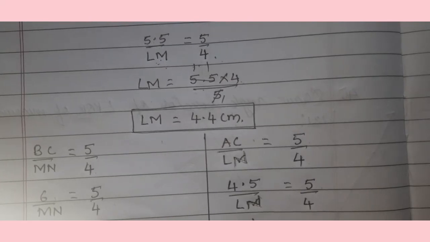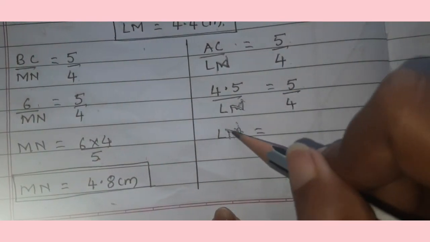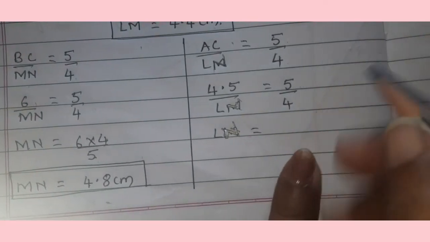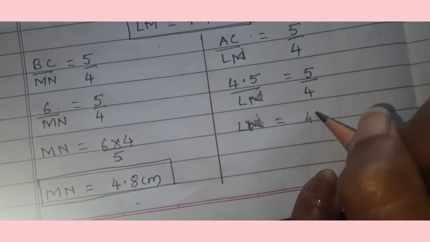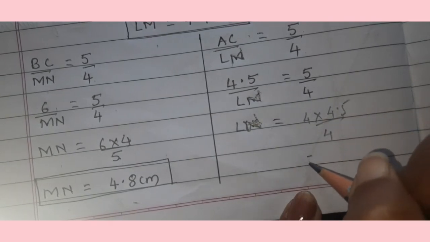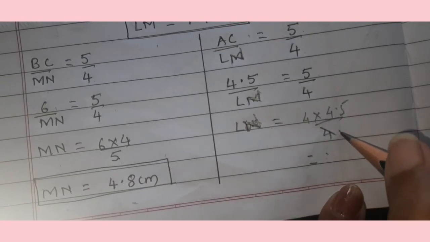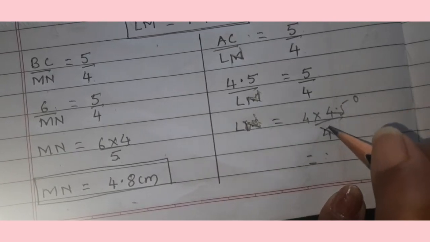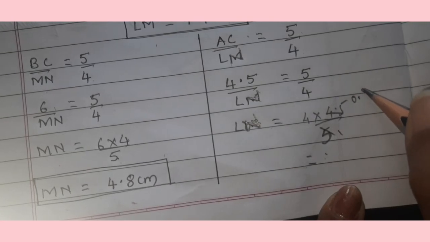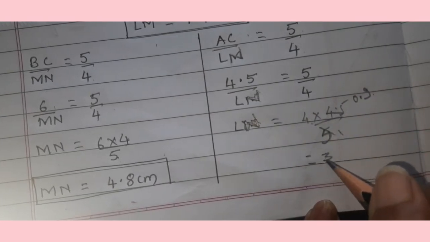So LN will be equal to 4 into 4.5 upon 5, that is equal to 3.6. So 4.5 upon 5 is 0.9, and 0.9 into 4 is 3.6.